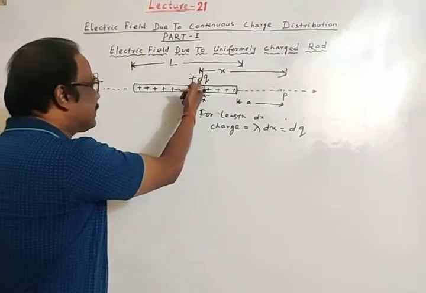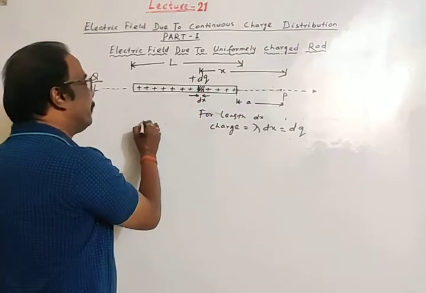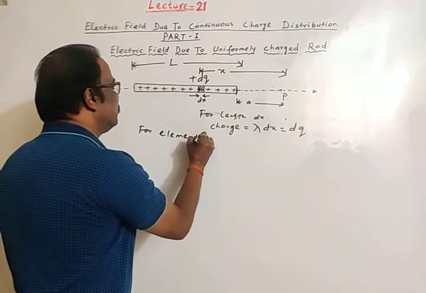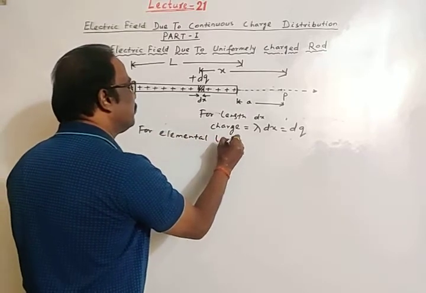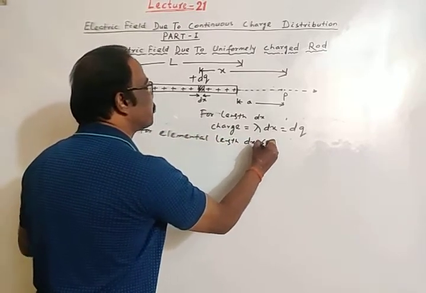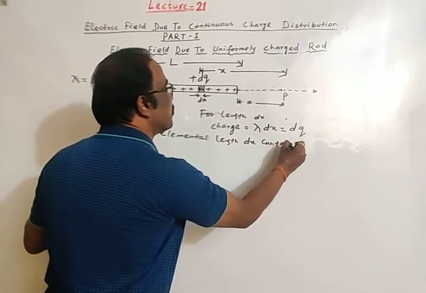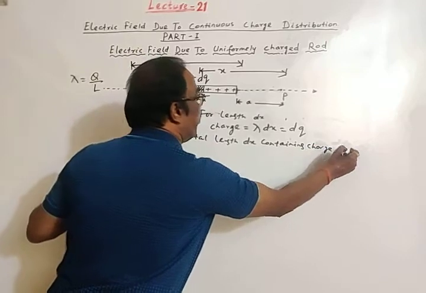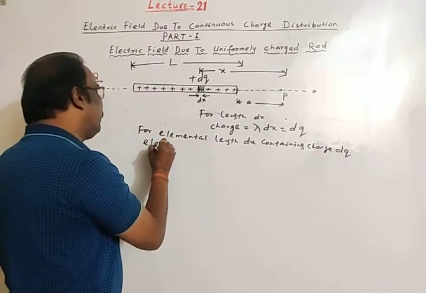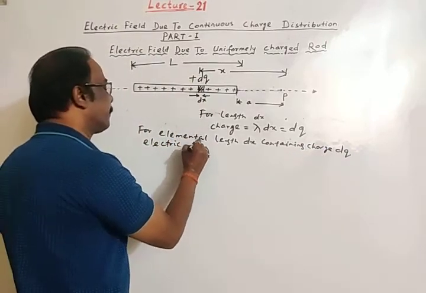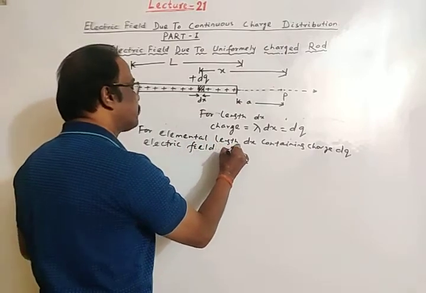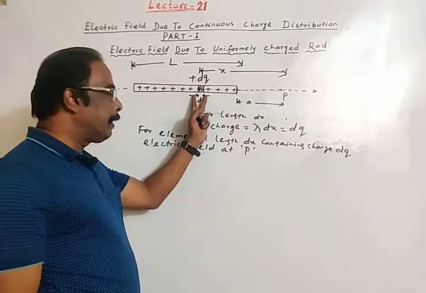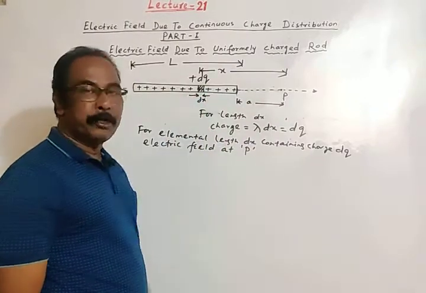For this elemental length dx containing charge dq, we find the electric field at point P due to this elemental length dx containing charge dq.